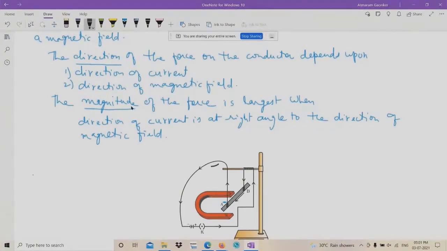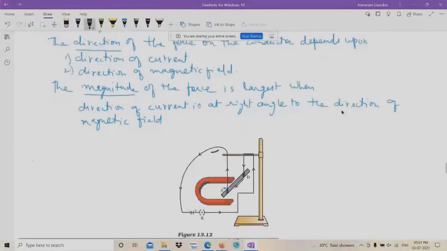At that time magnitude is maximum, and when their angle is reduced, then the magnitude will get reduced, and magnitude will become 0 when these two are parallel. That is, when the direction of current is the same as the direction of the magnetic field, at that time the magnitude is 0. So that is about this one.